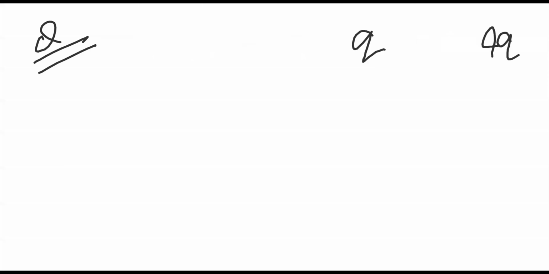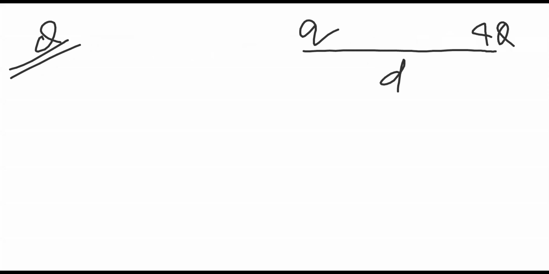Now see the question. If two charges Q1, Q2 are Q and 4Q, suppose. So here it is Q and 4Q. The distance between them is d.